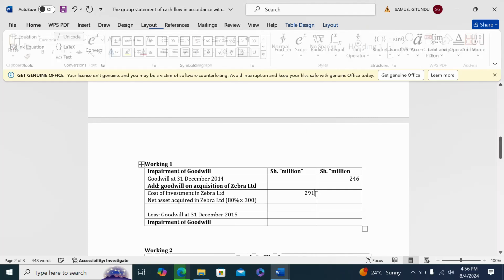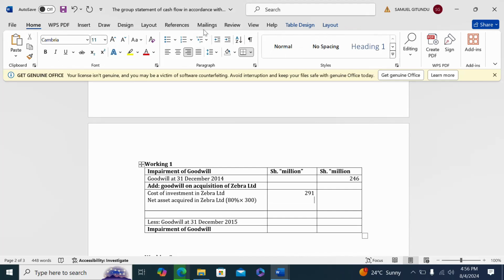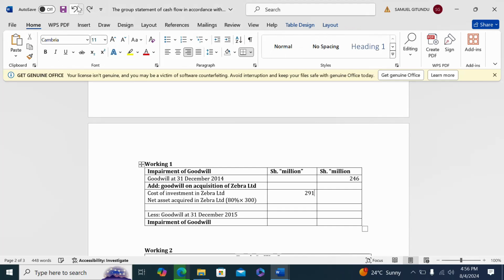So 80% times 300 million, how much is it? I'm getting 240 million. So how much is the additional goodwill from the acquisition of Zebra? It is 291 minus 240, so I'm getting 51.